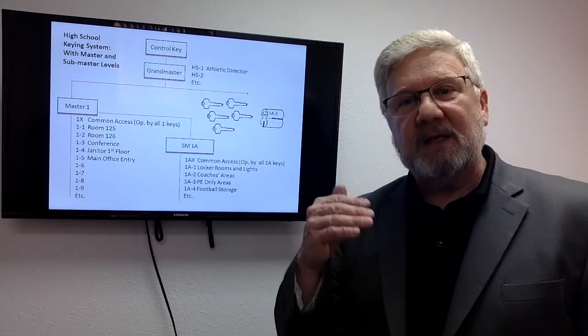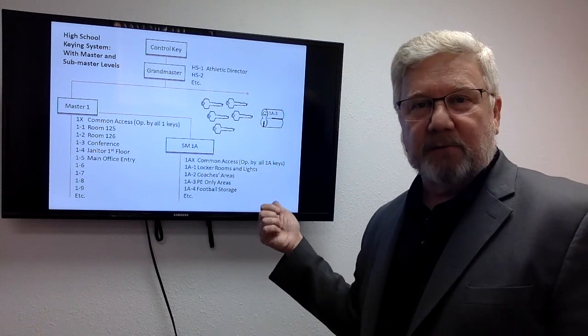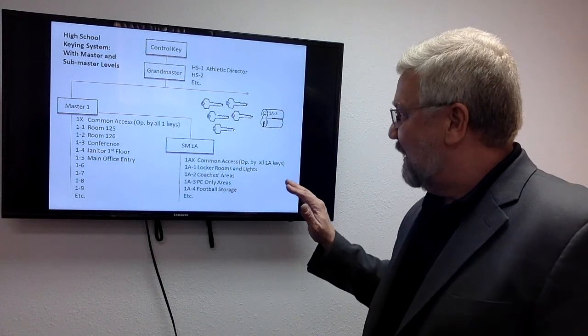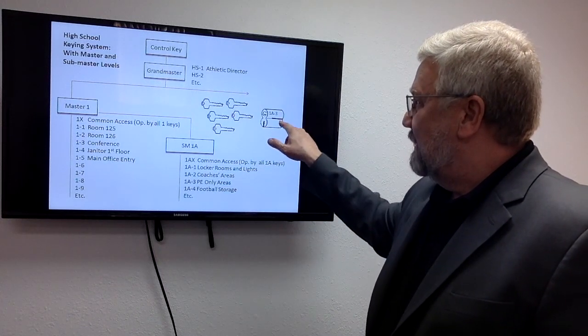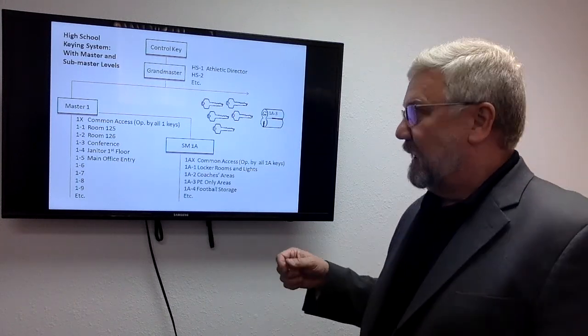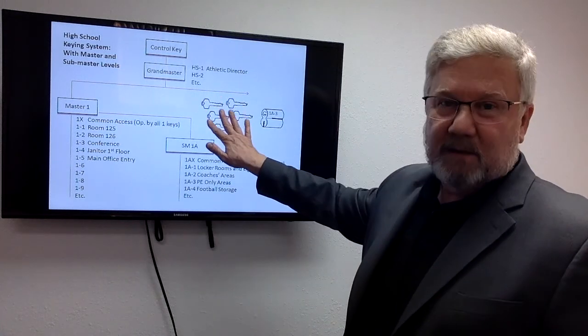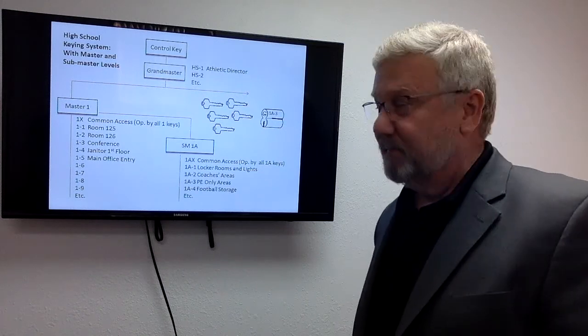Tell me the different key cuts that should work in that 1A3 core if we've done it correctly, right? Tell me the different cuts that should work in that 1A3 key. In other words, the different keys, okay? And I'm going to tell you the answer in a minute. Just have you think on that a little bit. Don't worry about the number of keys I have up there. It's not representative of anything necessarily.